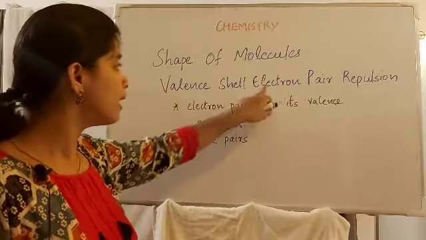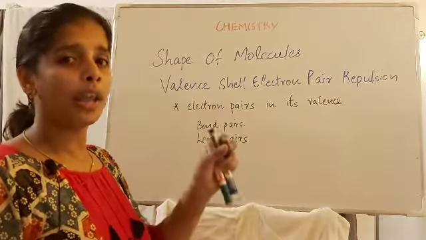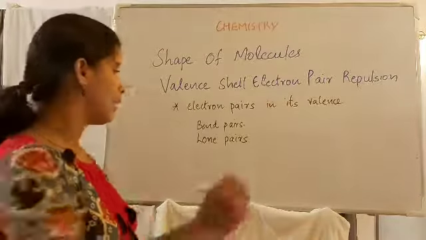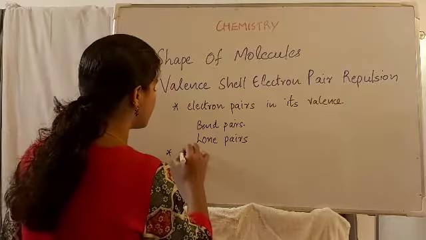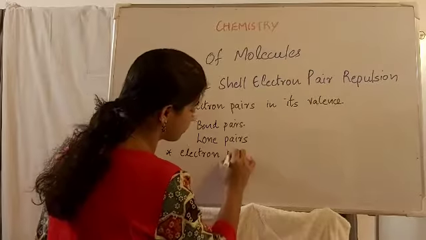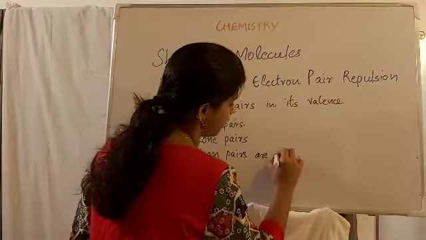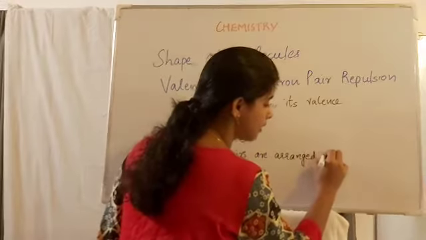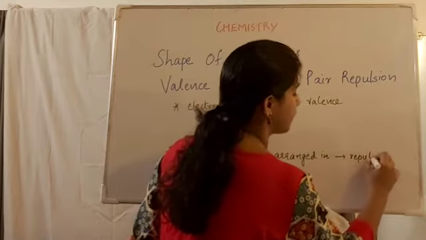According to VSEPR theory, the electron pairs are arranged in such a way that the repulsion is minimum.